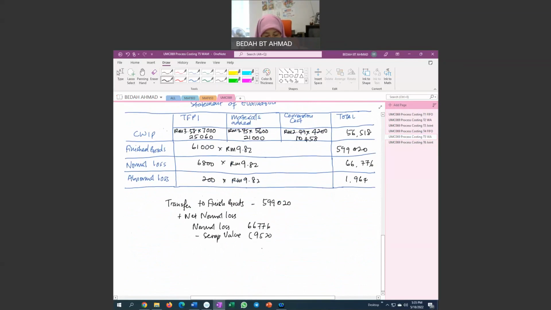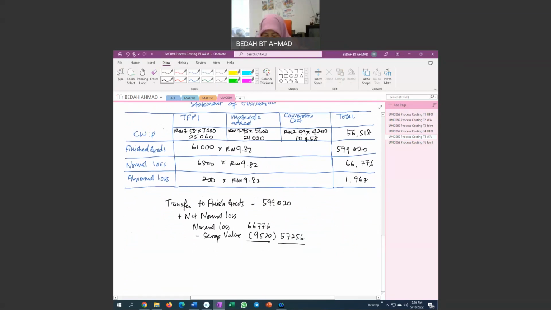So the net normal loss is 57,256. So we add it together.